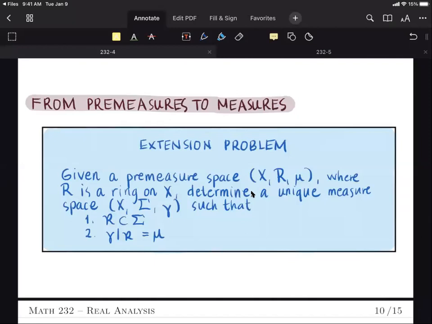If it is possible to create an outer measure from this pre-measure, then by applying Caratheodory's theorem, we can generate a measure. So the next task is how we can generate an outer measure from a pre-measure, and that would be the topic for the next lecture.